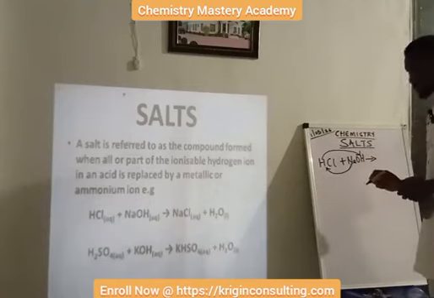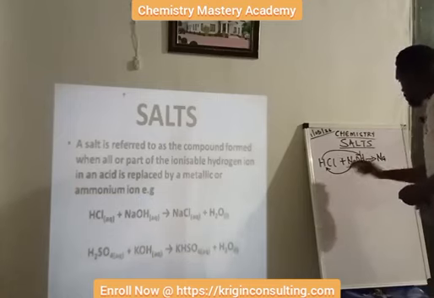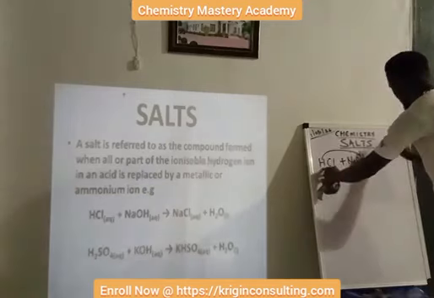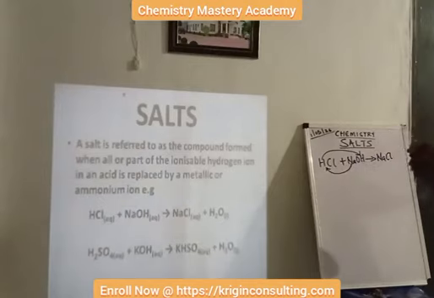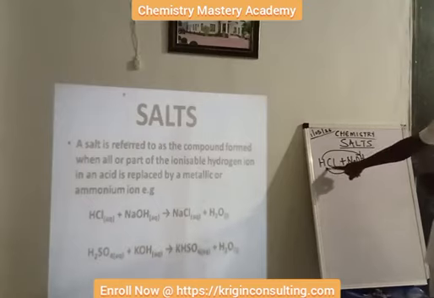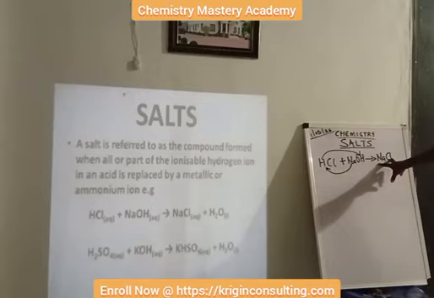This OH. Okay? So sodium will take the place of hydrogen. So hydrogen is out, remaining Cl. We now have sodium what? Chloride. This sodium chloride that has been formed is what we call a salt. Is that clear? So you see that the hydrogen that was with chlorine has been replaced by what? Sodium, forming what? A salt.